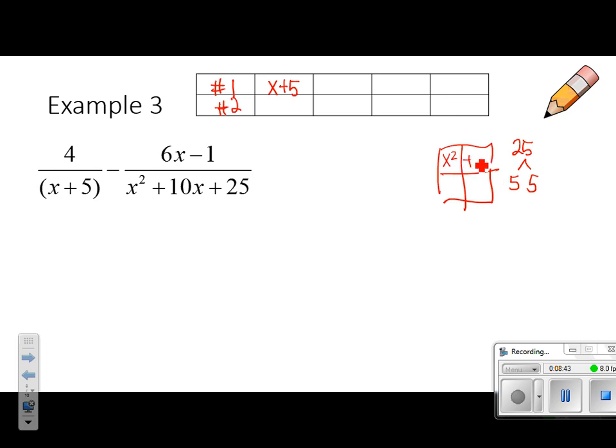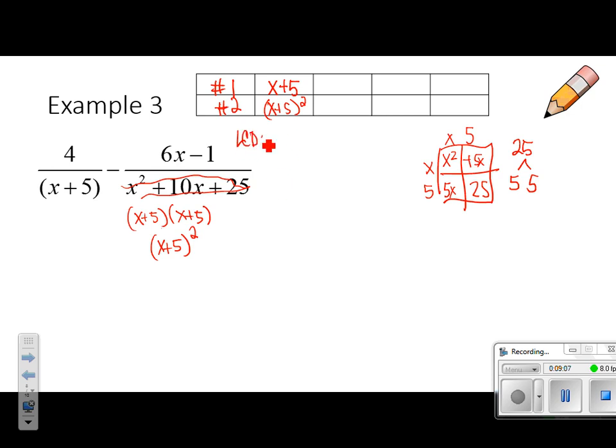X squared plus 5x plus 5x plus 25. X and 5, x and 5. This factors into x plus 5 and x plus 5, which is the same thing as x plus 5 quantity squared. So x plus 5 quantity squared goes there.